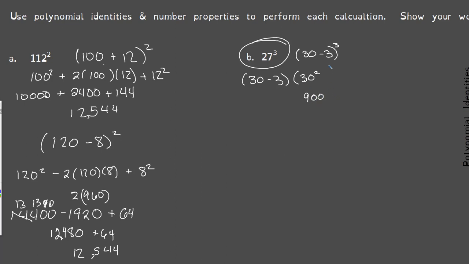Double the zeros. Doubling their product, so that's 90 times 2, so 180. Plus 9.